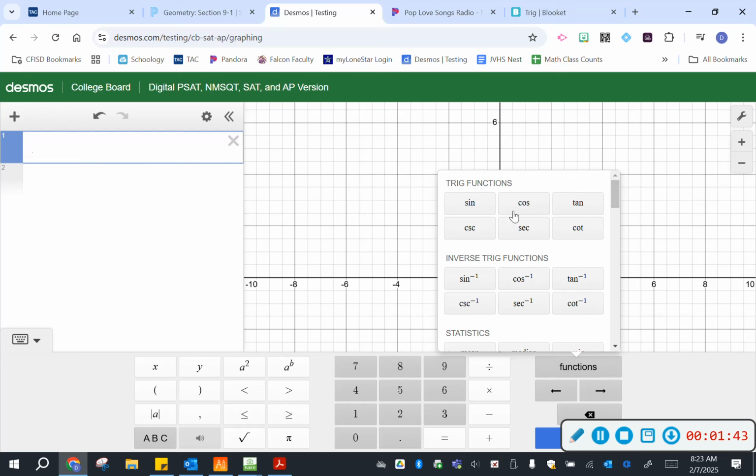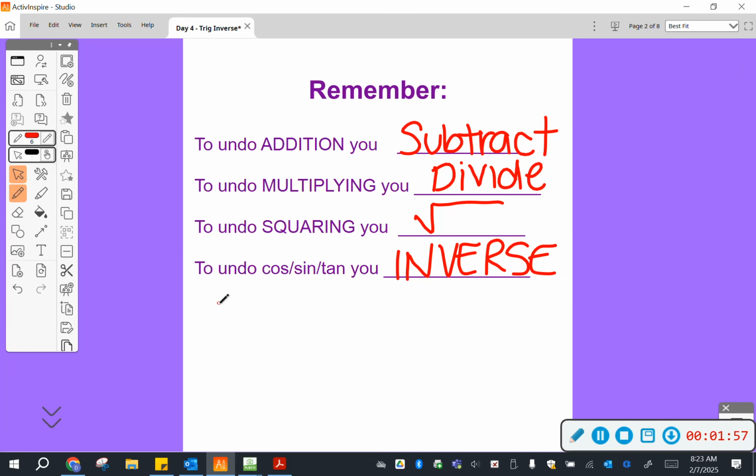And you might just have these three in yours, depending on if you have like the black up top. Right under that, what does it say right here? -1. The inverse trig functions. And what do all of them have with them? So my inverse trig functions are cosine, that's cosine inverse, this is sine inverse, and this is tan inverse. And this is what we are going to use to get rid of those things.